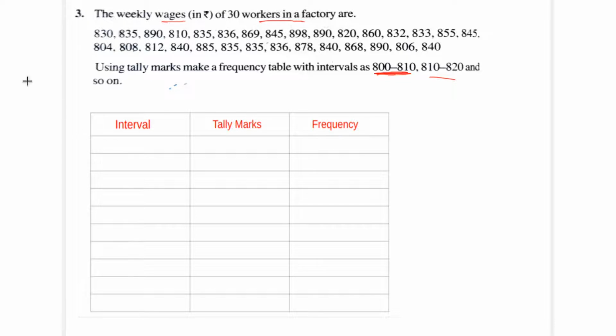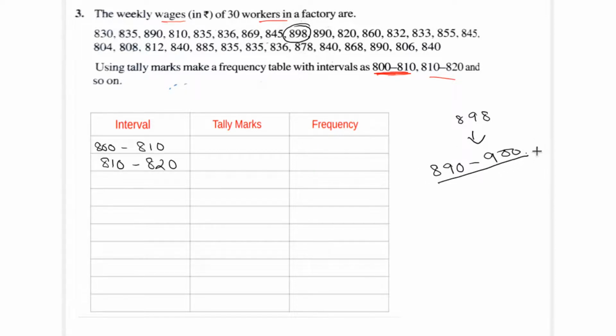So we will write 800 to 810, now 810 to 820. We will write continuously, but where do we have to stop? For that we have to take out the highest number here, which is 898. Now 898 lies in the interval 890 to 900, so we have to write till here.